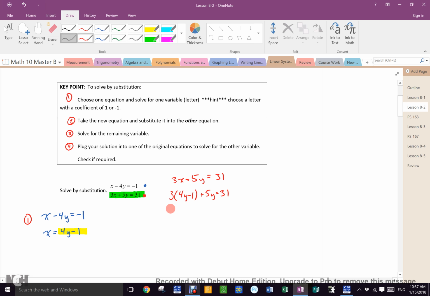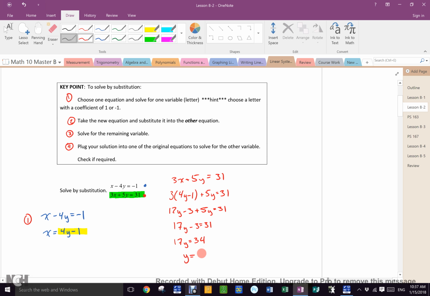Distribute. 12y minus 3 plus 5y equals 31. Now what? Like terms. 17y minus 3 equals 31. Now what? Add the 3. 17y equals 34. Now what? And y equals what?